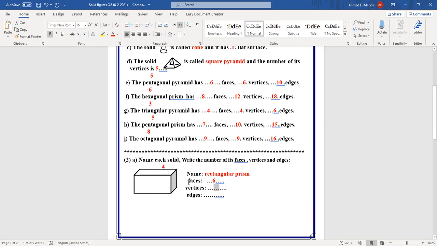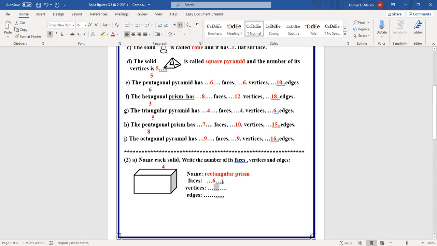To find the number of faces, we first count how many sides are in the base. In this base, we have a rectangle. It has 4 sides.